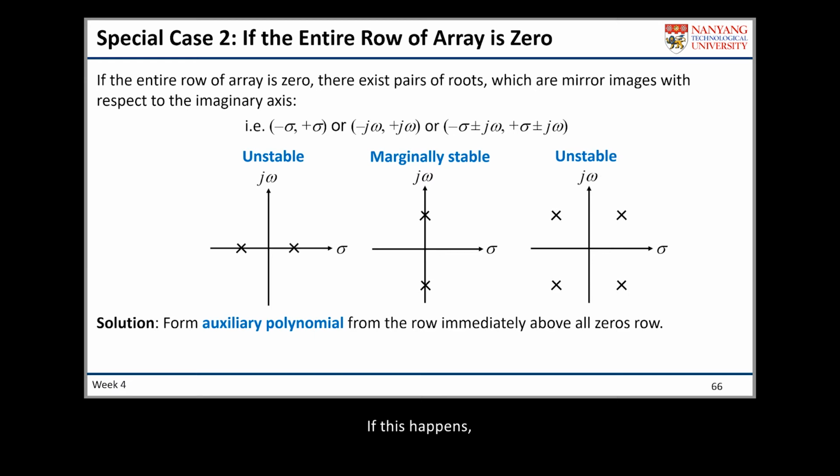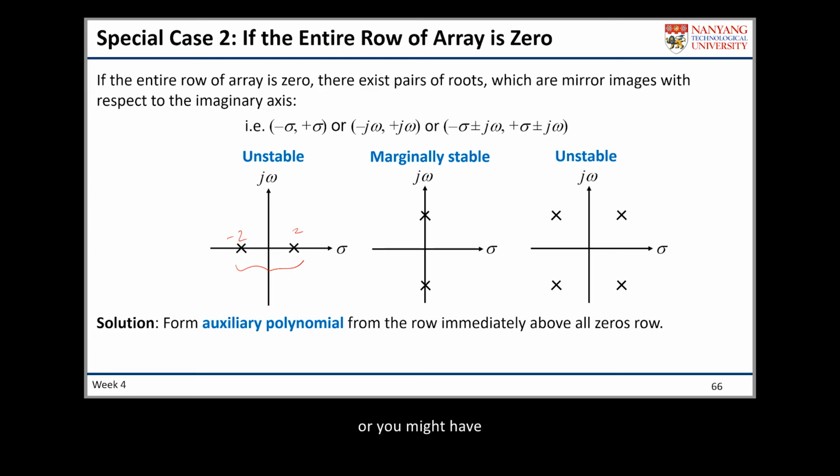If this happens, you will have at least one pair of poles which is mirrored by the imaginary axis. So for instance, if you have this kind of special case, you might have a pair of poles that looks like this. If, let's say, you have one pole at negative 2, a negative real pole, you will have a pair of it which is mirrored by the imaginary axis. So you will have another pole at positive 2, a positive real pole.